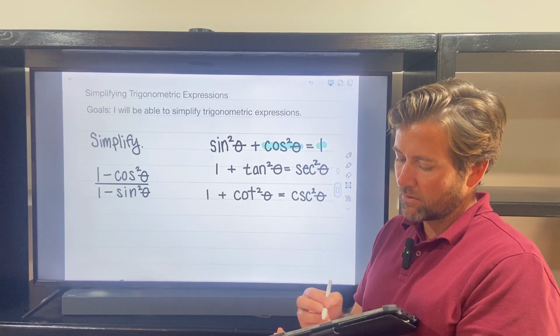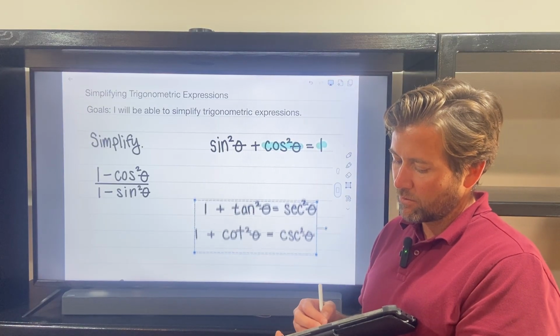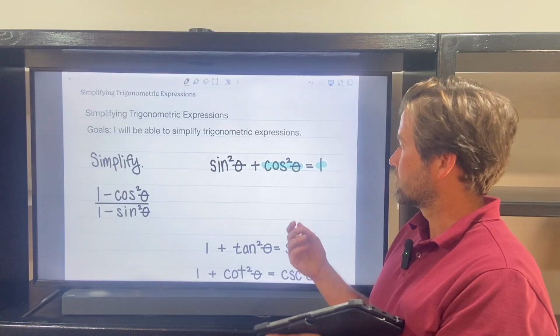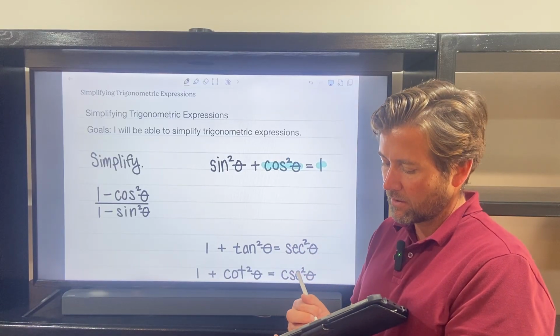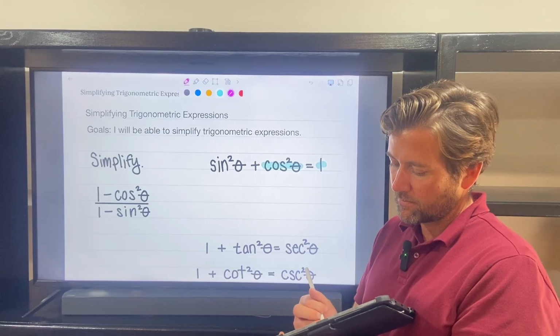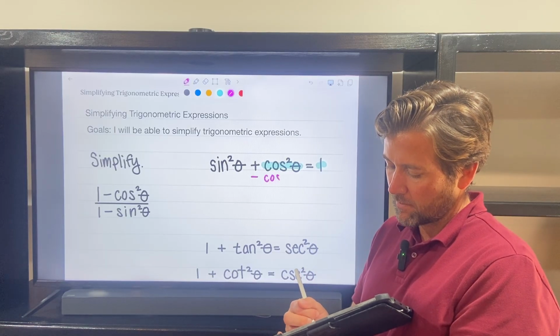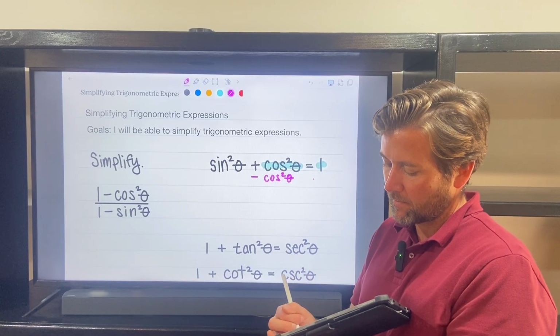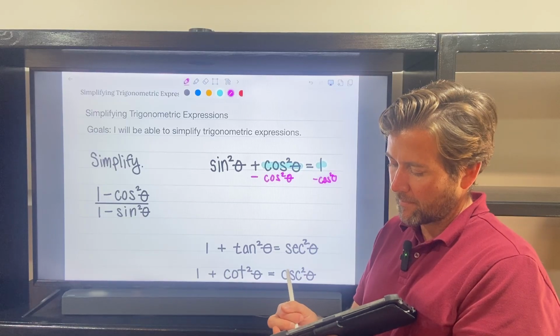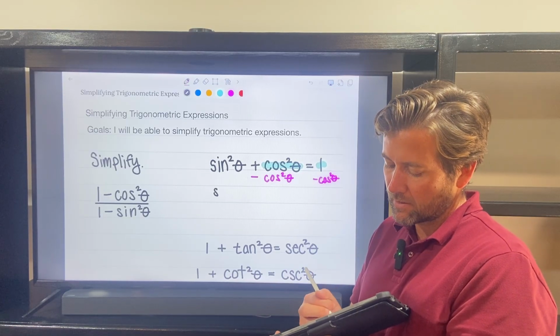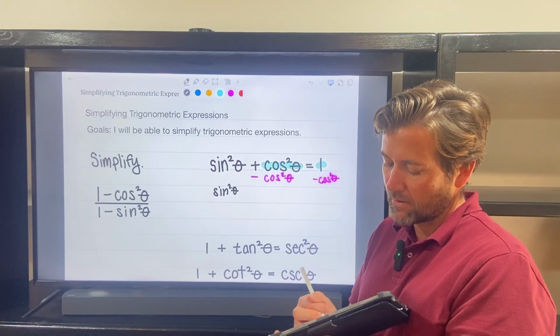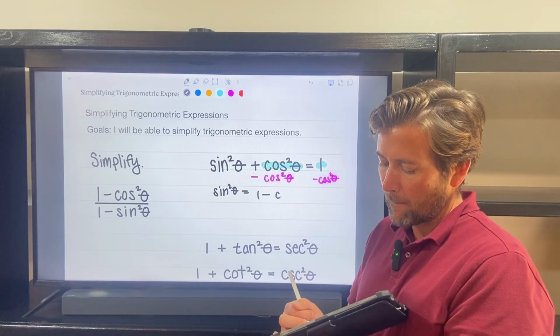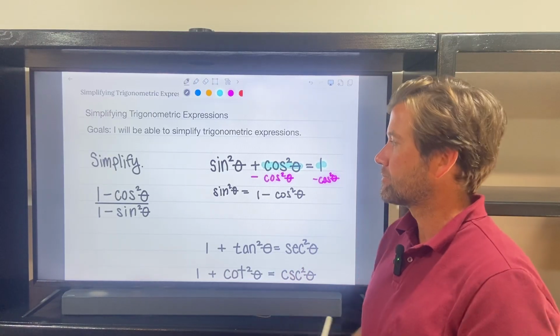So let me just show you that right here. Let me move these for a minute. I'm going to subtract cosine squared theta from both sides of the equation, and I get sine squared theta equals 1 minus cosine squared theta.